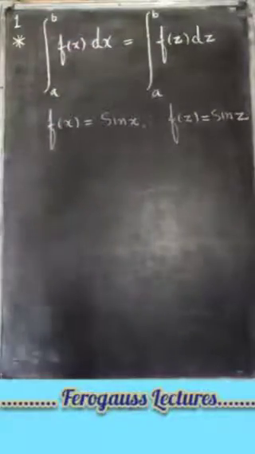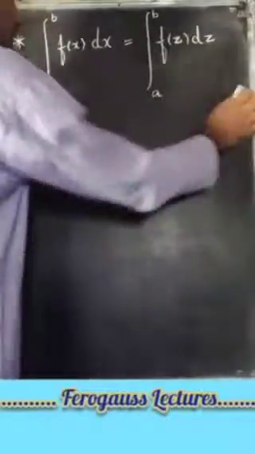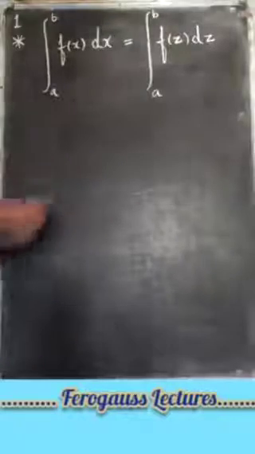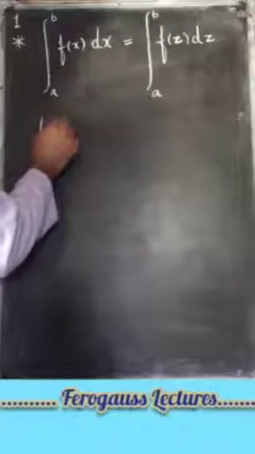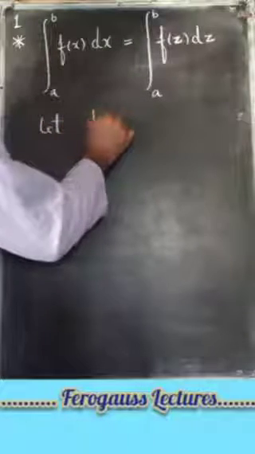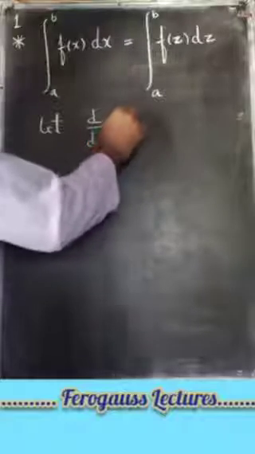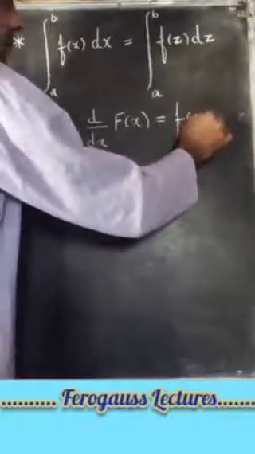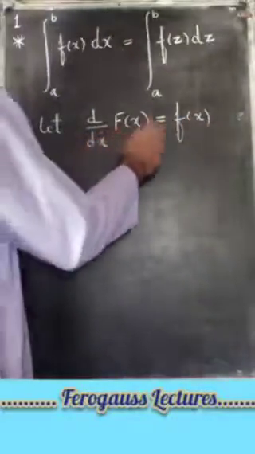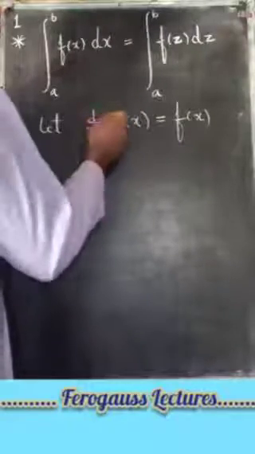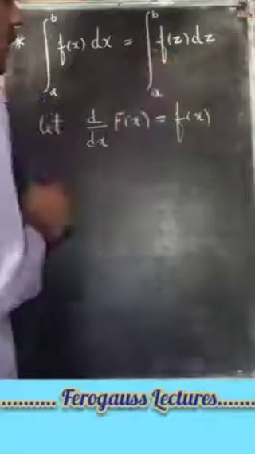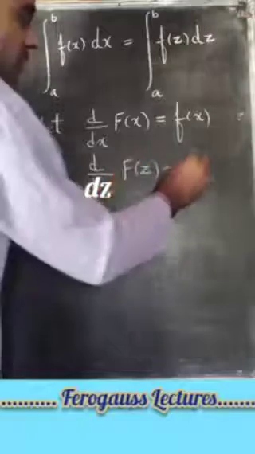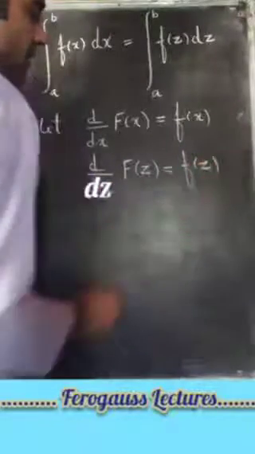For that, let capital F'(x) be equal to small f(x), that is, derivative of capital F(x) is equal to small f(x), or we can say capital F(x) is an antiderivative of small f(x). Then F'(z) is equal to small f(z).